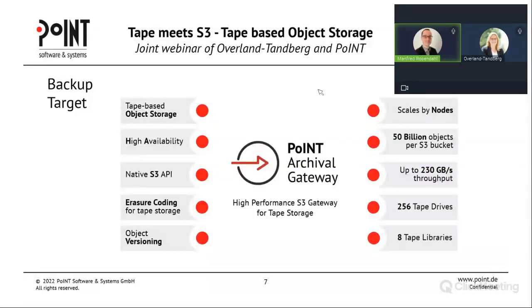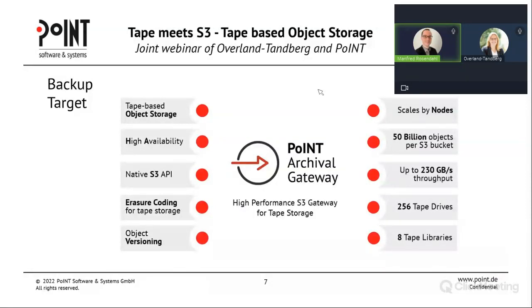And the gateway supports LTO generation 5 to generation 9 and the IBM TS1150 to 1160 drives as well. By adding nodes to the Archival Gateway, it scales in performance, and it is highly available at the same time.